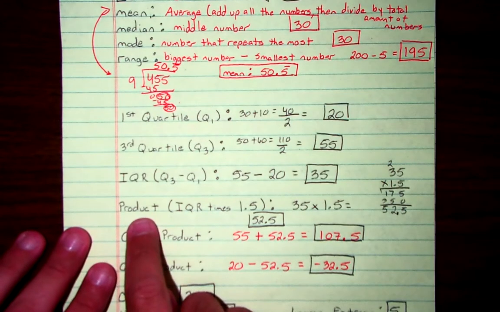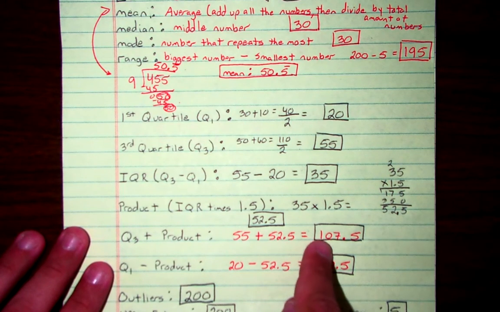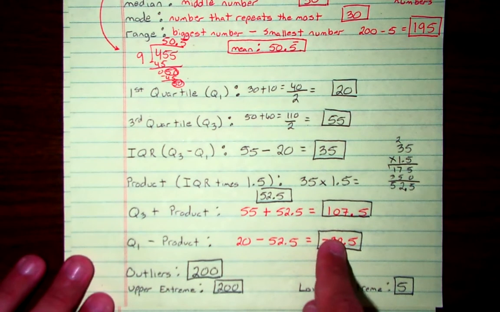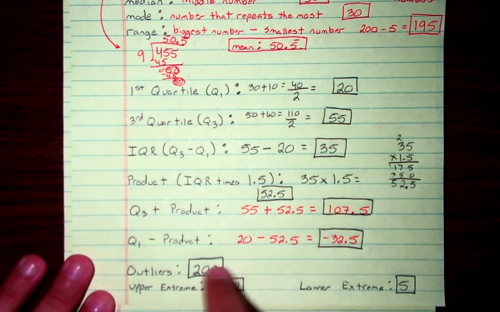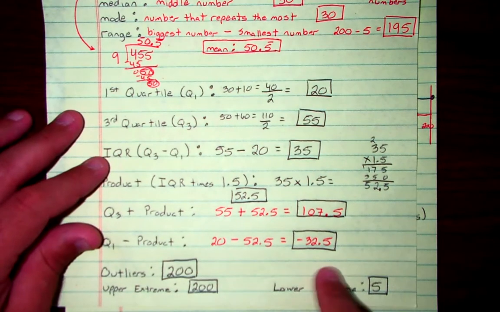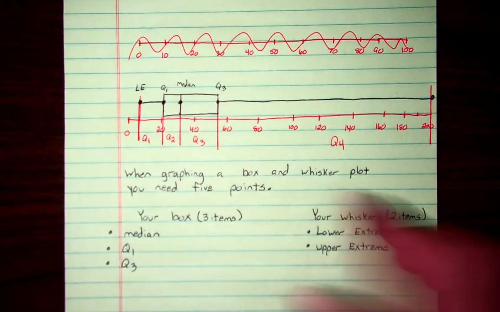We then took the Q3 plus the product to get a number. We took the Q1 minus the product to get a number. Using those numbers, we were able to determine our outliers. From our data points up here, we were able to figure out our upper extreme and lower extreme. We then used our data to create our box and whisker plot.